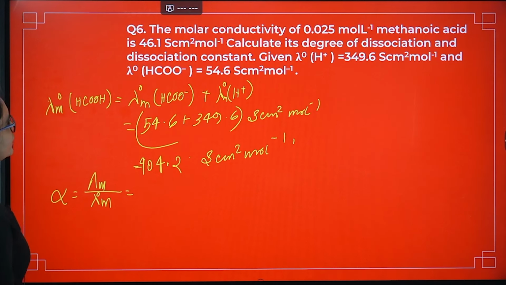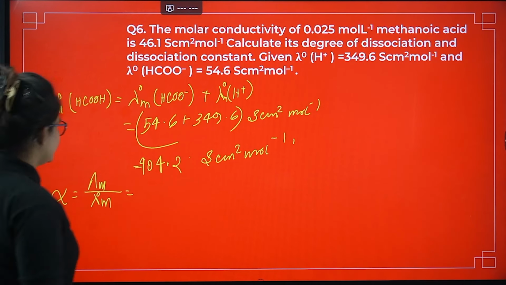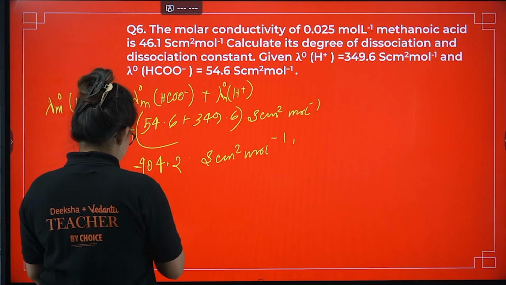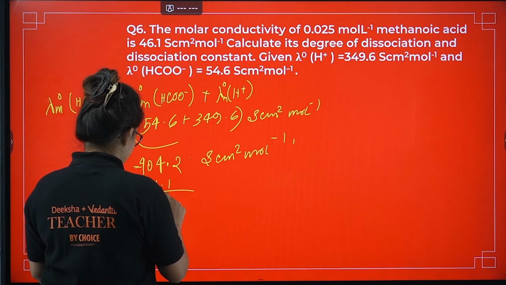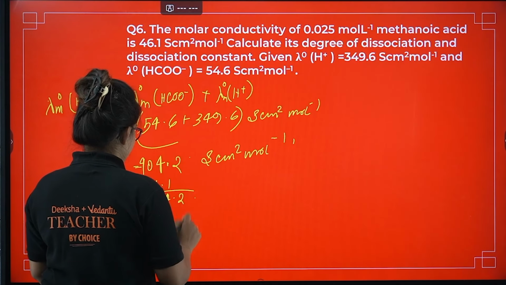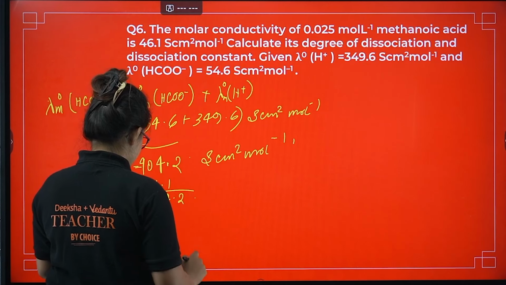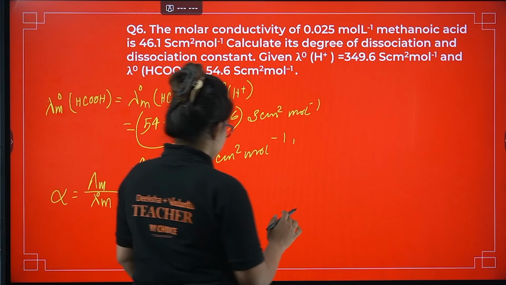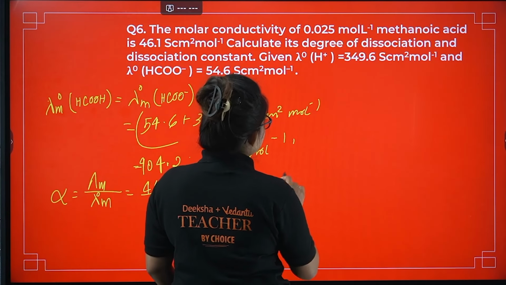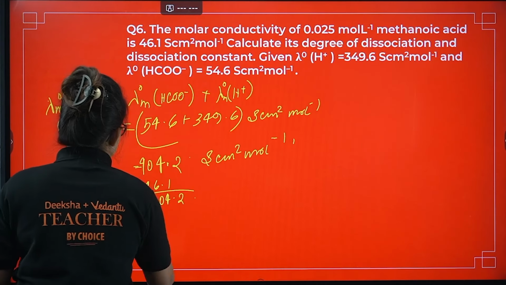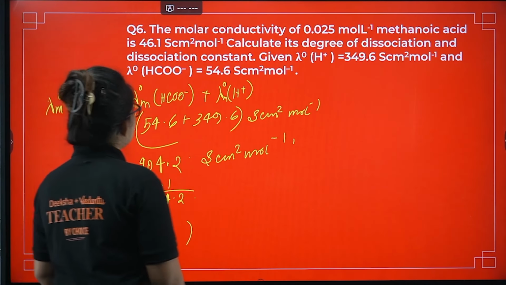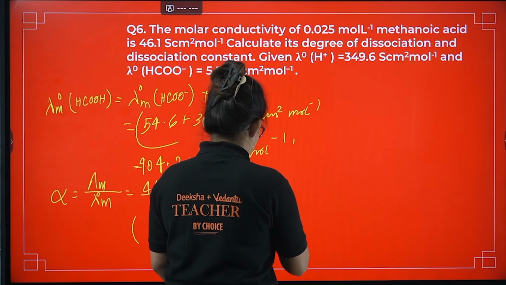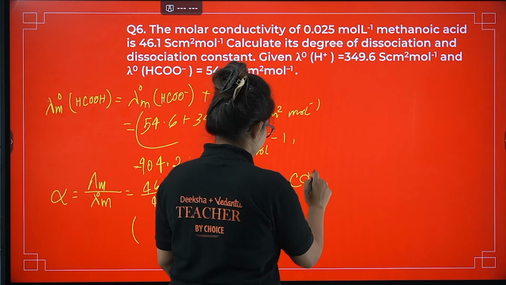Lambda m value you can get from the question, molar conductivity, it's 46.1, right? So you have 46.1 divided by 404.2. So from here, this will give you the alpha, degree of dissociation. Now dissociation constant, in order to find out k, is basically C alpha square.